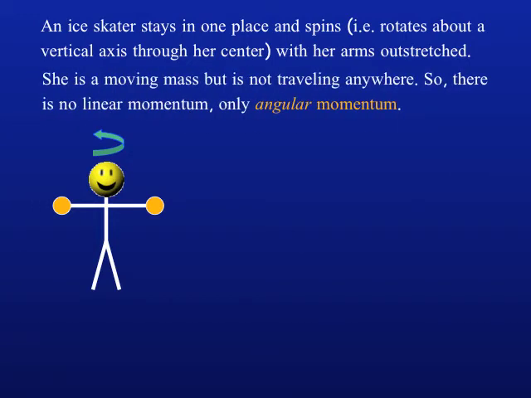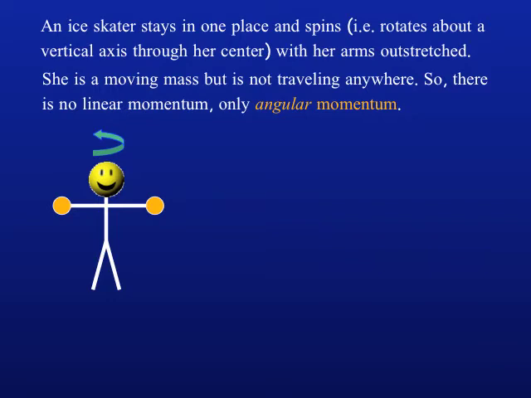The figure skater has moving mass by her rotation, but she's not traveling anywhere. Her center of mass, her center of gravity, is not moving anywhere.